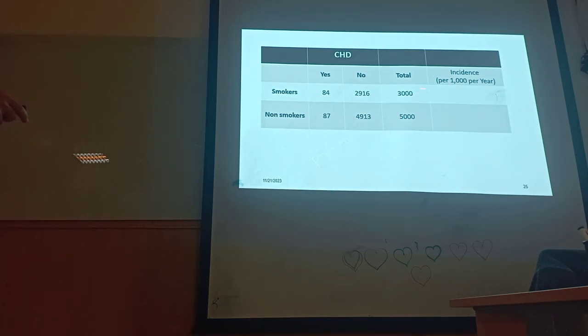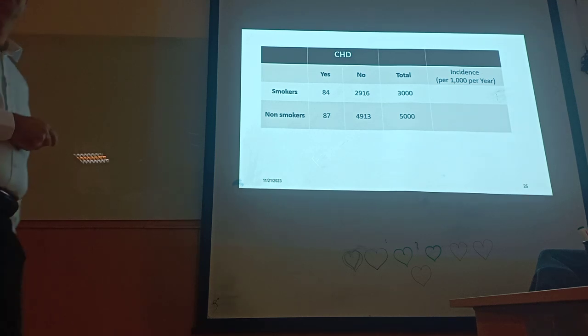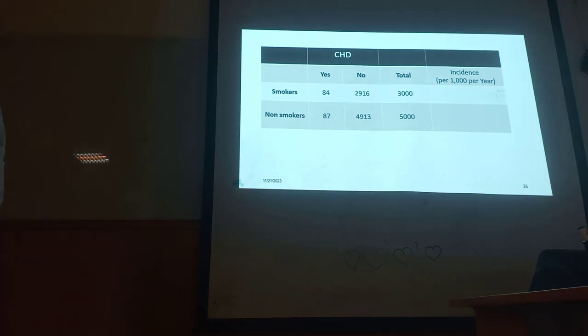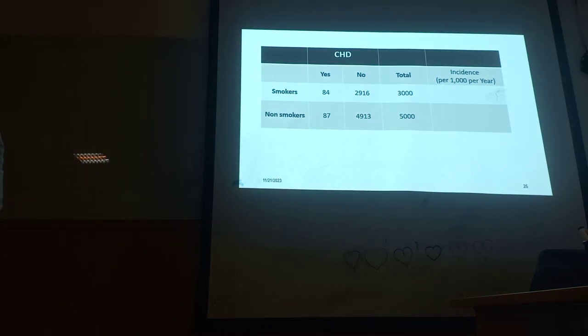Out of these 3,000, 84 got coronary heart disease, and out of these 5,000, 87 developed coronary heart disease. What is the incidence in smokers and non-smokers, and what is the relative risk? A over A plus B in exposed, and C over C plus D in non-exposed.